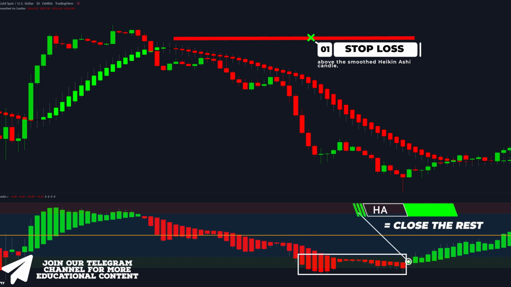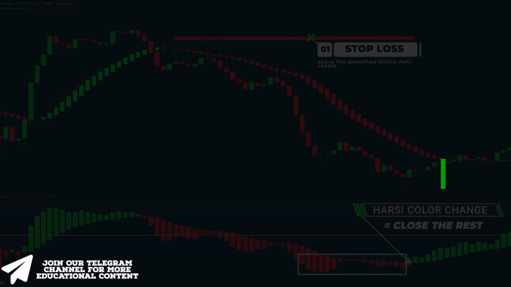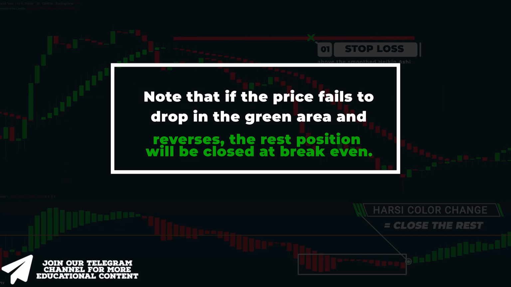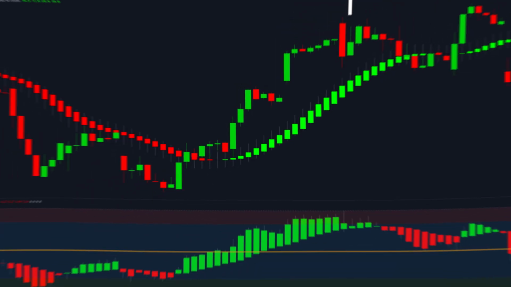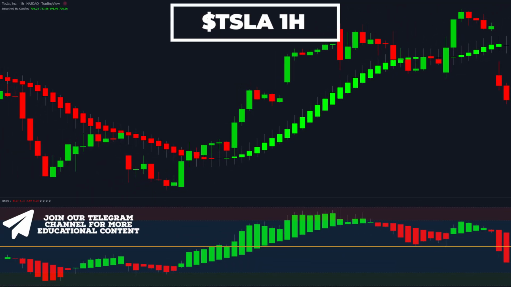Finally, we should wait for the bar color to change along the bottom to close the rest position. Note that if the price fails to drop in the green area and reverses, the rest position will be closed at break-even. These advanced risk management rules will allow us to increase the total gain as much as possible with minimal risk. Exactly the opposite is true for longs.